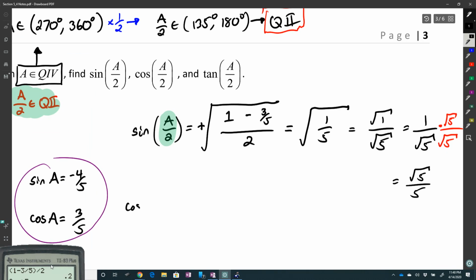Now we go over to cosine of A over 2. And that's pretty much the same thing. Now, again, we're in quadrant 2. And in quadrant 2, cosine is negative. And so it's going to be negative the square root of 1 plus cosine of A over 2.